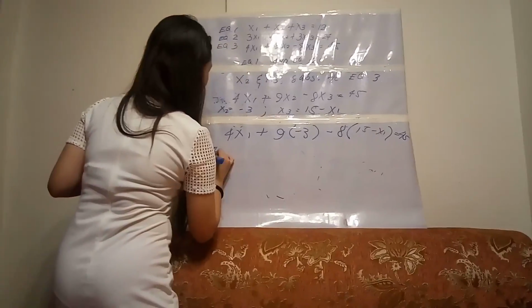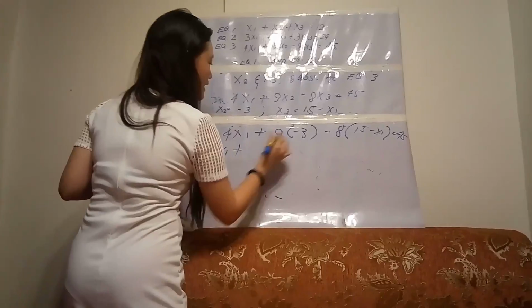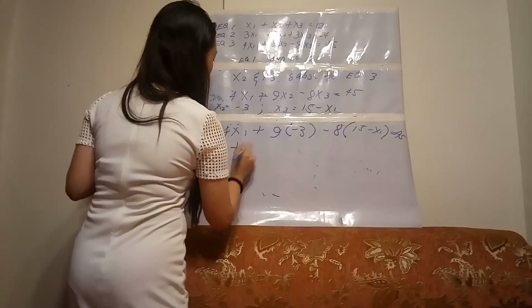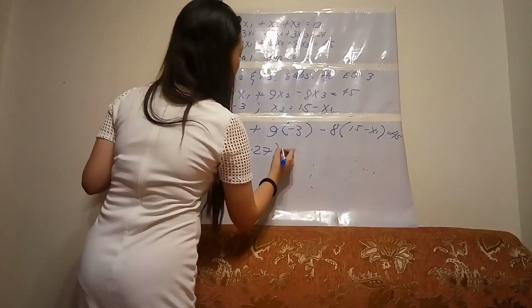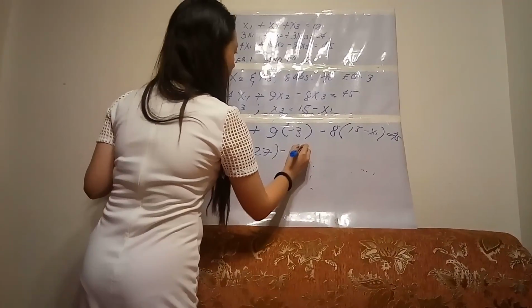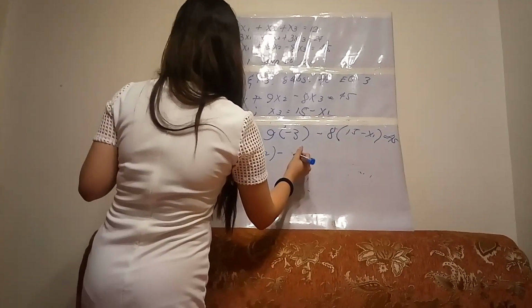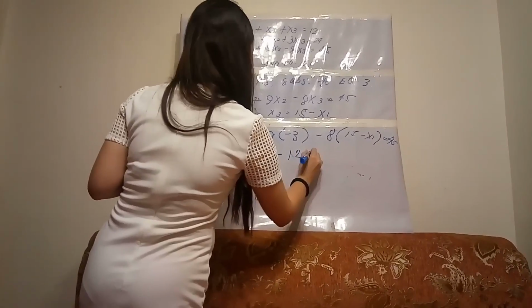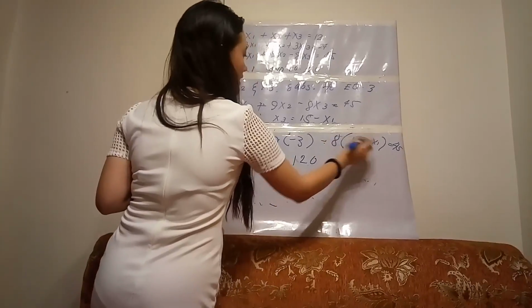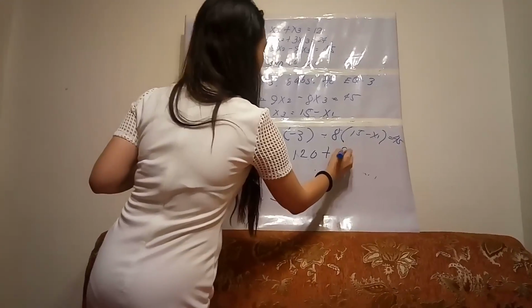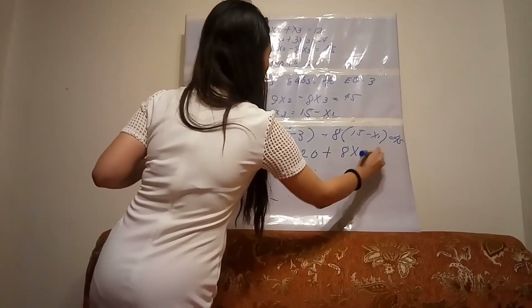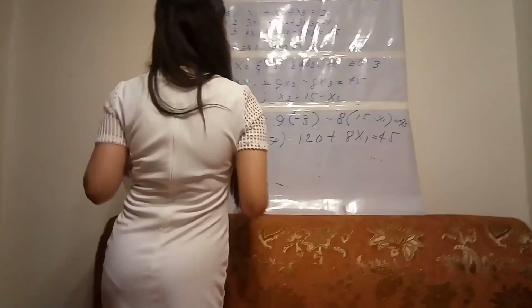So it will be 4x1 plus 9 times negative 3, which is negative 27, then 8 times 15, which is 120. Negative 8 times negative x1 will be equal to positive 8x1, equal to 45.